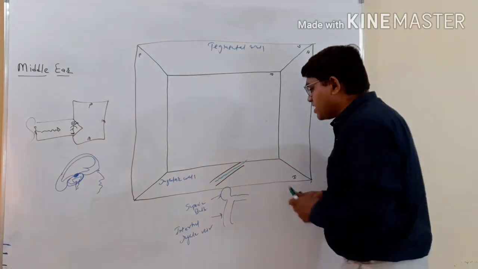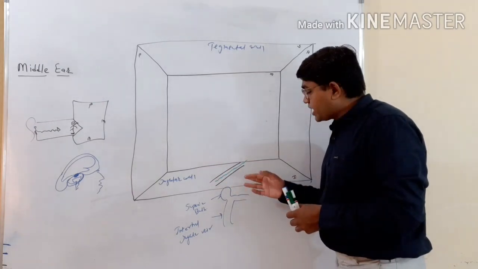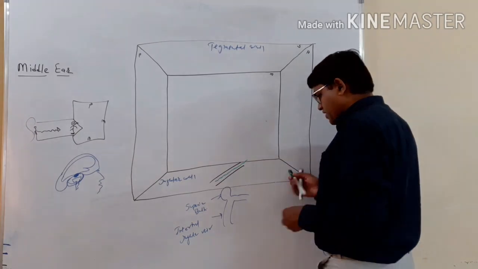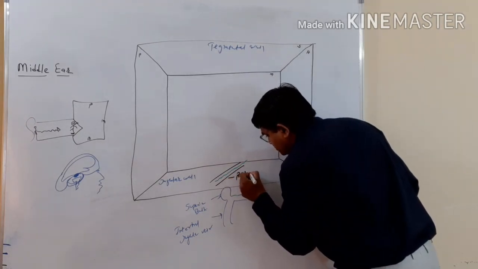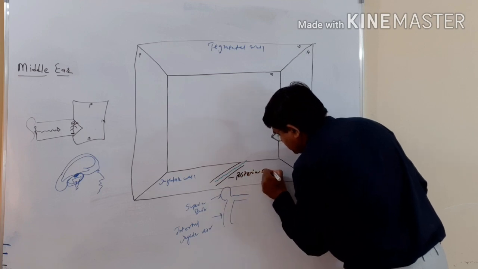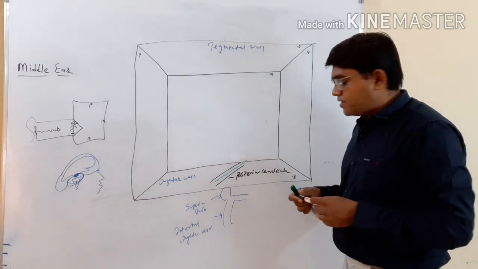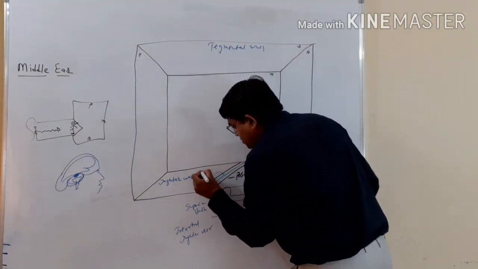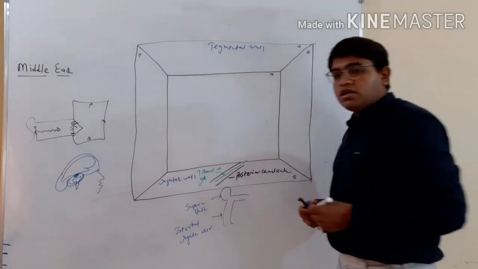The tympanic branch of the ninth cranial nerve passes out from this posterior canaliculus and reaches the medial wall of the middle ear cavity. Canaliculus means canal, the posterior canal. And the nerve is the tympanic branch of the ninth cranial nerve.